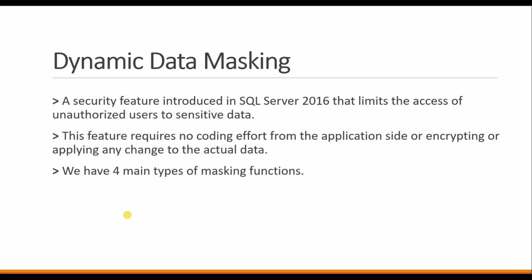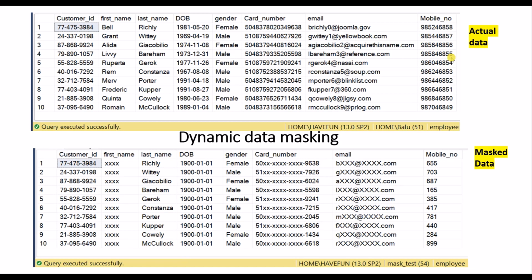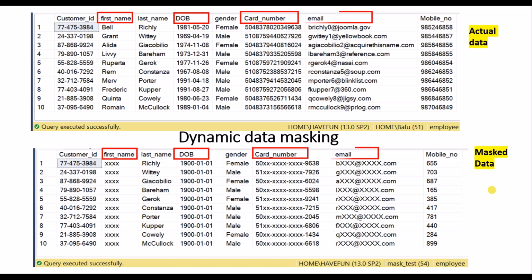Here you can see the actual data and the masked data: the first name, date of birth, card number, email ID and mobile number. These fields have been masked.